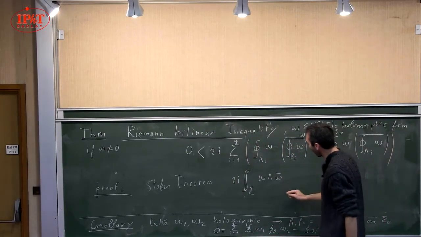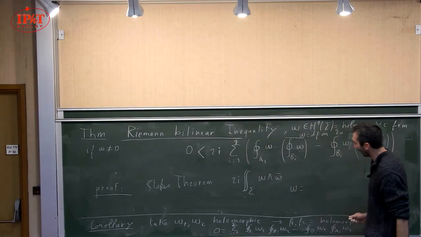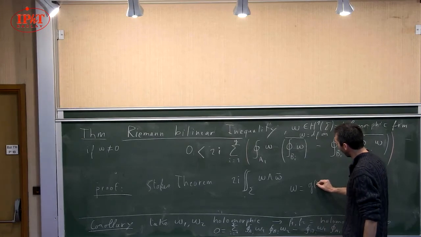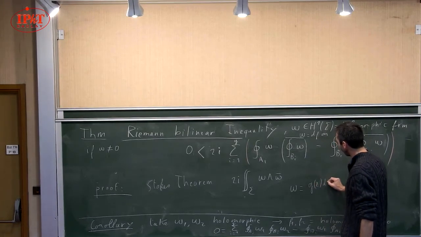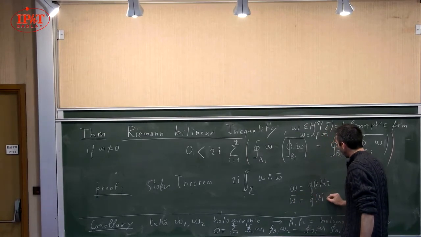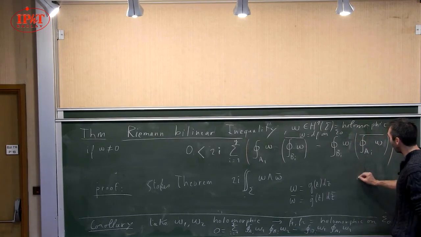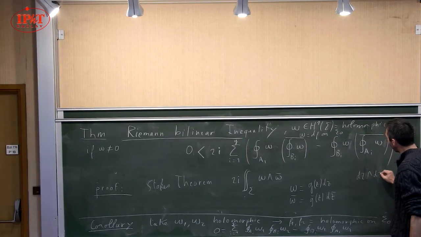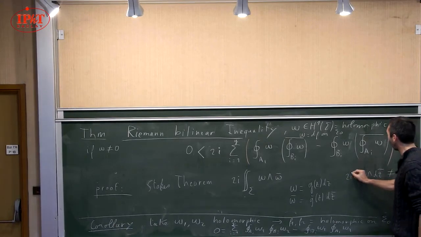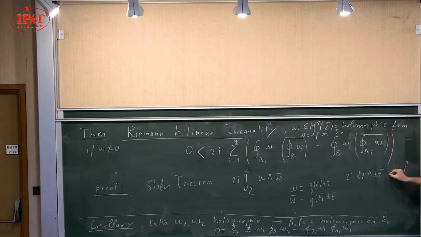So locally, remember that omega locally is something like a certain function, let me call it g, of z times dz. So omega bar will be g bar of z times dz bar. And remember that dz bar is not the two-dimensional Lebesgue measure; 2i times that is the two-dimensional Lebesgue measure.